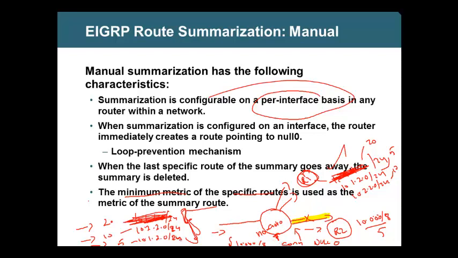It won't be deleted. But when all these three go off, this dynamically created route will get deleted. You understood now? So when all the networks are gone, then the summary route will be deleted. It won't be affected if any one of them goes down. Only when all the specific routes go down, the summary route pointing towards the null 0 interface will get deleted.